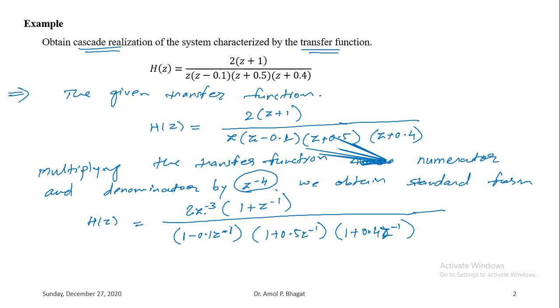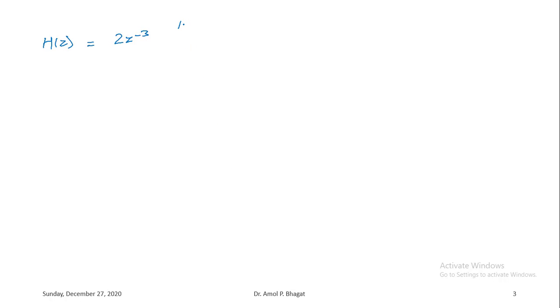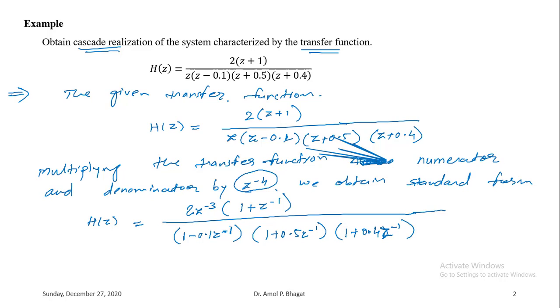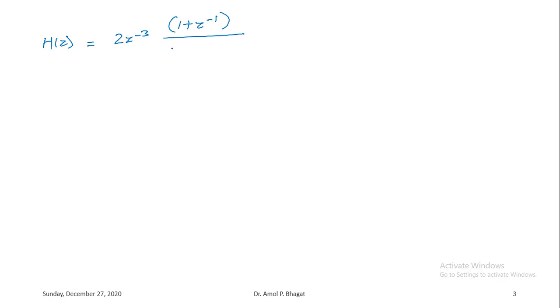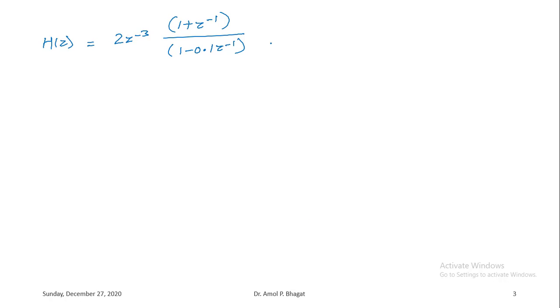I will take 2 z to the power minus 3 as the first term. Second, I will take 1 plus z inverse upon 1 minus 0.1 z inverse. Third term I will take as 1 upon 1 plus 0.5 z inverse.